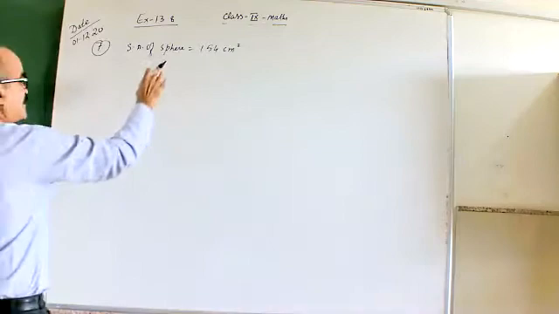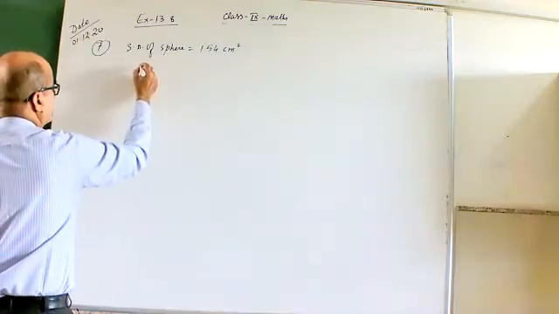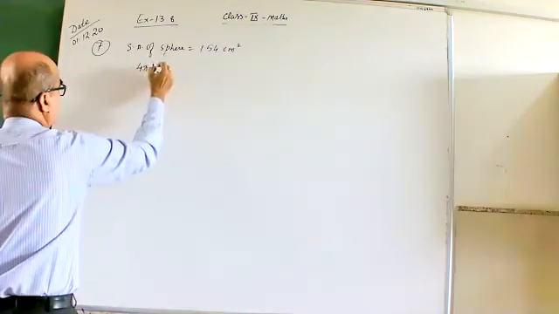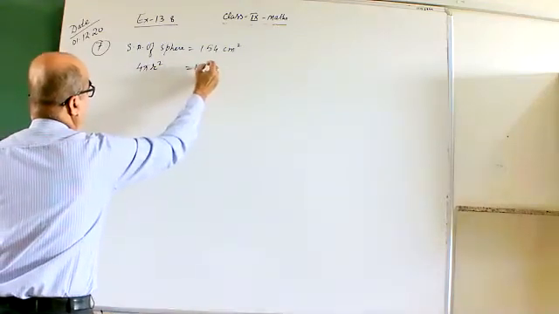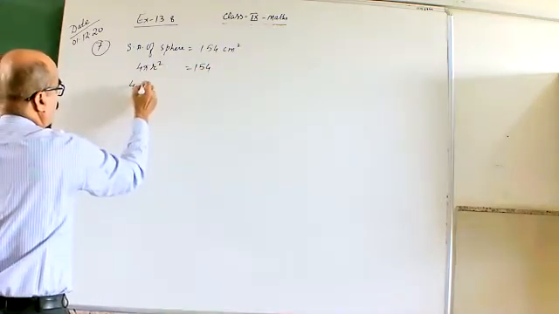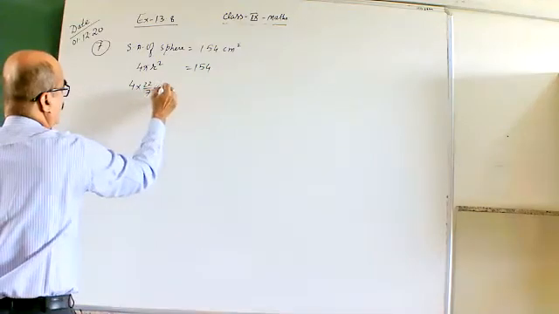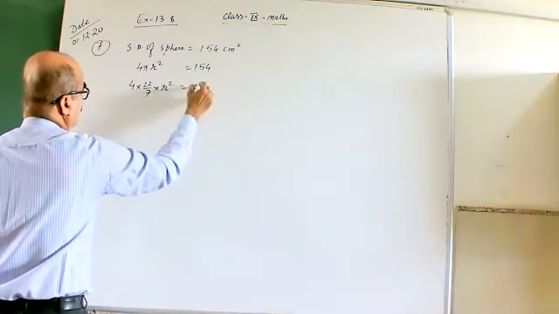So first of all, find out the radius. Surface area of sphere is 4 pi r square, equal to 154. So 4 into 22 by 7 into r square is equal to 154.